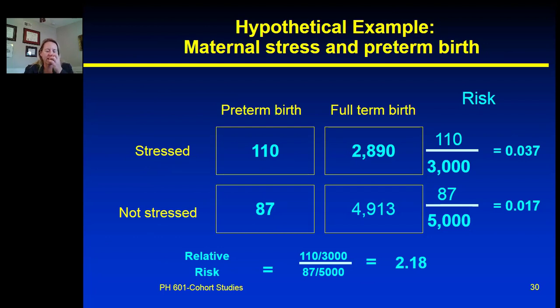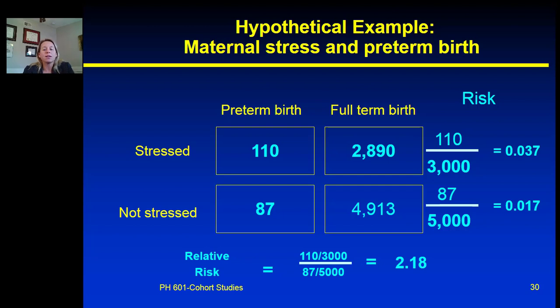So these are data from a hypothetical study looking at the incidence of preterm birth according to level of stress during pregnancy. So women were categorized as being stressed or not stressed, and then their delivery was assessed in terms of being a preterm or a full-term birth.